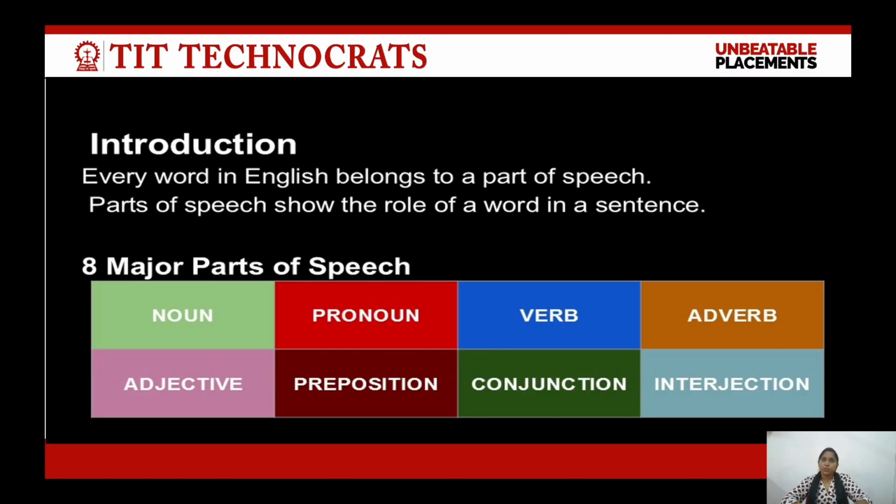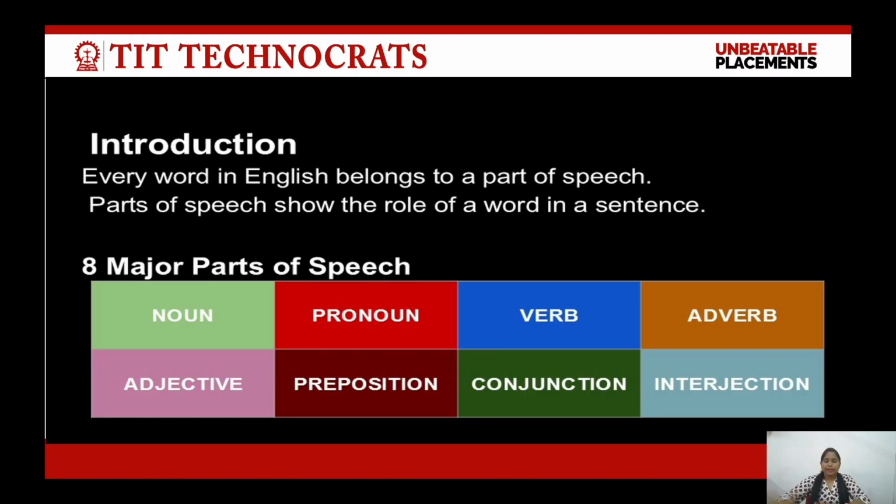Words giving information about a verb, about an adjective, and about another adverb are adverbs. Adjectives, as we have seen, are words giving information about a noun or a pronoun. Adverbs are words giving information about the verb, about the adjective, and about another adverb.